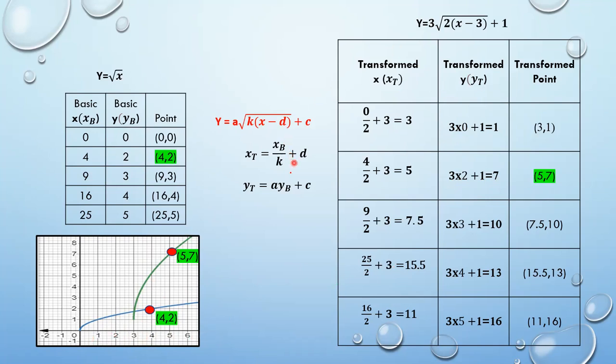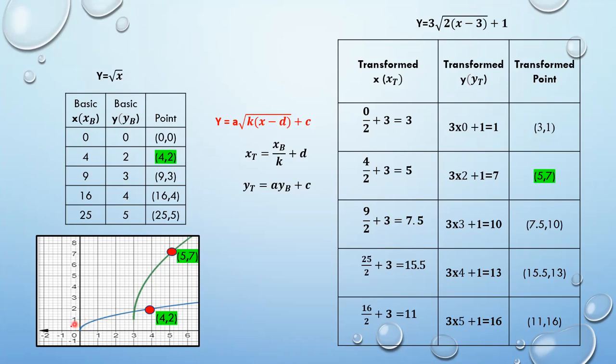Likewise, you can have your k negative, this 2 negative. Say this 2 is negative, 9 divided by negative 2 is negative 4.5 plus 3, negative 1.5.